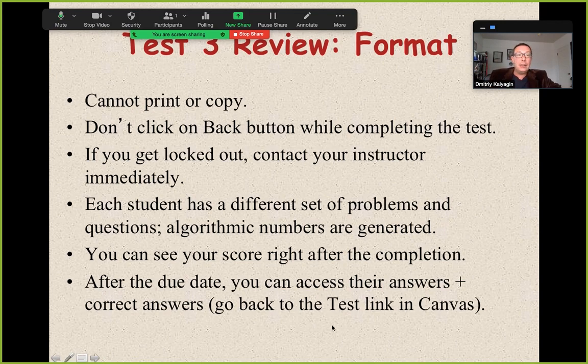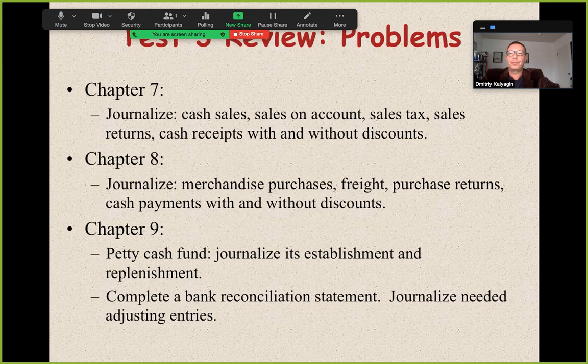However, if you want to see what you missed, what your answers were versus the correct answers, you have to wait until everybody is done. So Monday after 11:56 p.m., you can go back to your test 3 by clicking on its link from Canvas to see the feedback, to see your answers as well as correct answers.